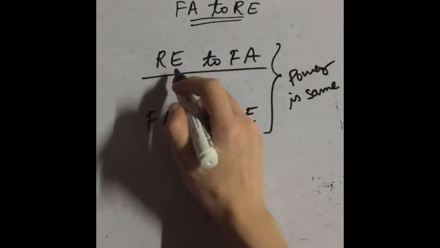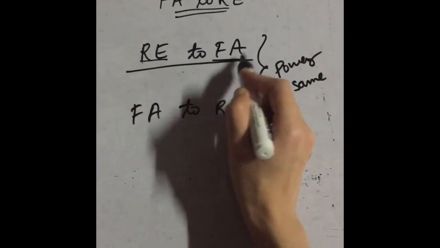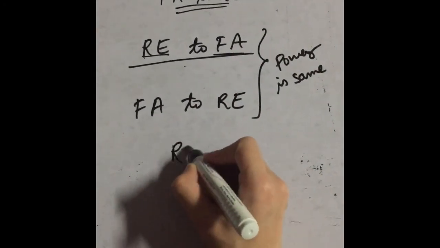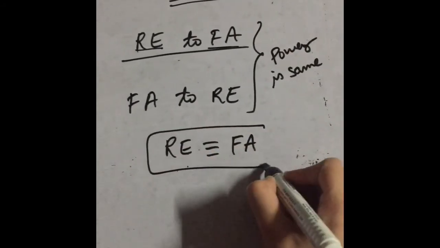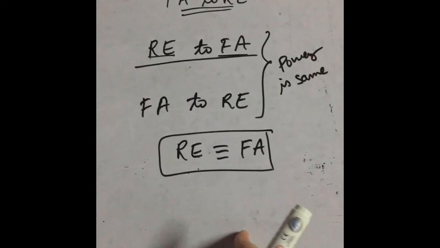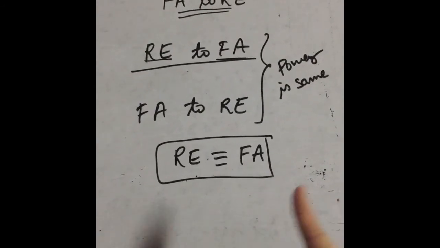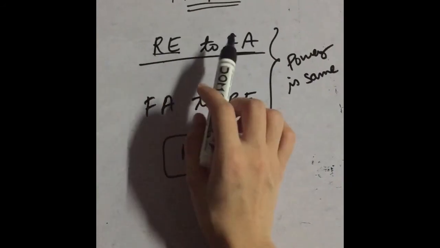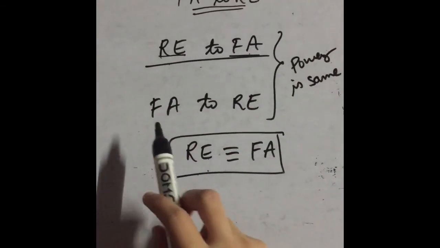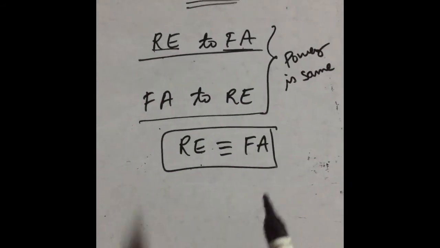It means regular expression and finite automata both have equal power, because we converted regular expression to finite automata and we also converted finite automata to regular expression.